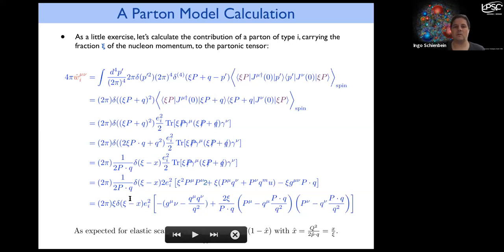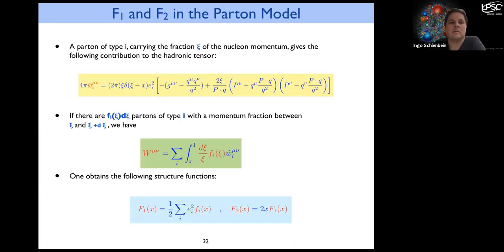And then one can insert this piece into the convolution formula to find the standard expressions for the structure functions F1 and F2 in the Parton model. So here we just calculated the partonic tensor, giving us this result.